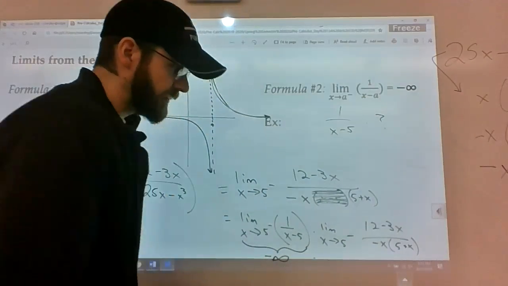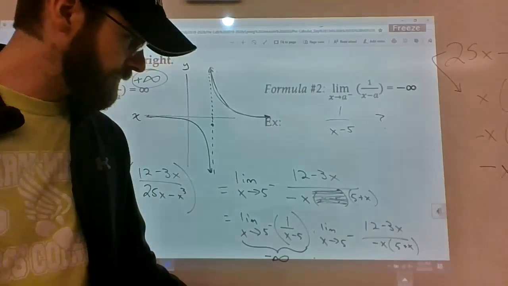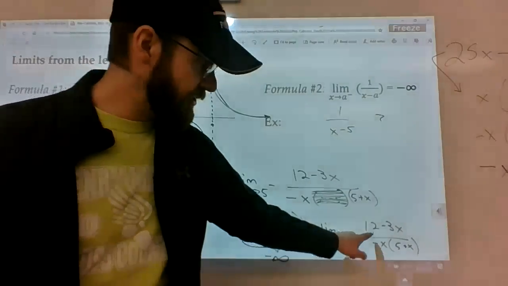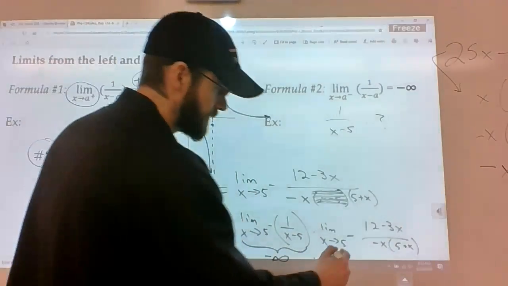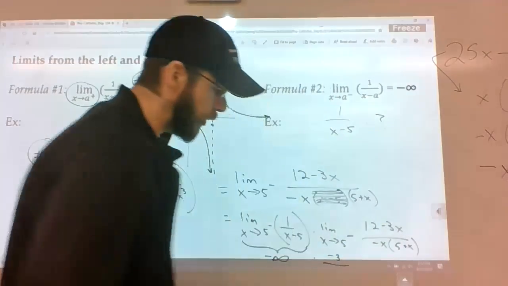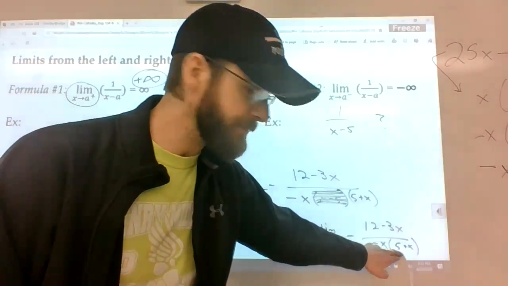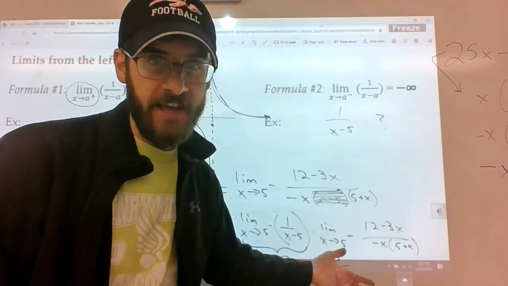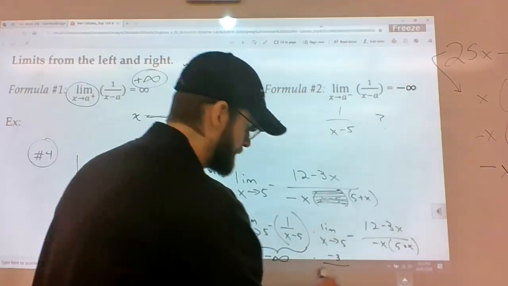In the second part, you're just plugging in 5 because 5 is no longer a domain issue. So it's 12 minus 3 times 5. That'd be 12 minus 15, which is negative 3, over negative 5 times 5 plus 5. Okay, 5 plus 5 is 10. 10 times negative 5 is negative 50.